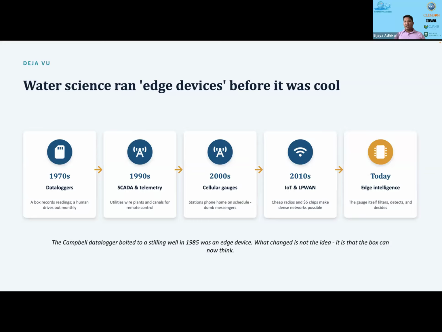So this box, the data logger, is not just there to record anymore. It can filter, it can adapt, it can make some prediction, it can decide. So it's an upgrade, from a computational viewpoint, on what was already being done in hydroscience.